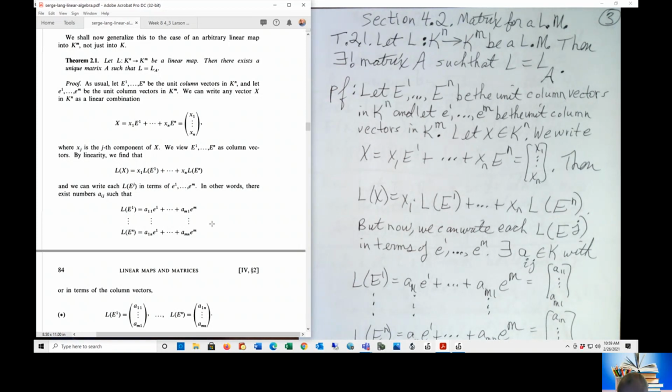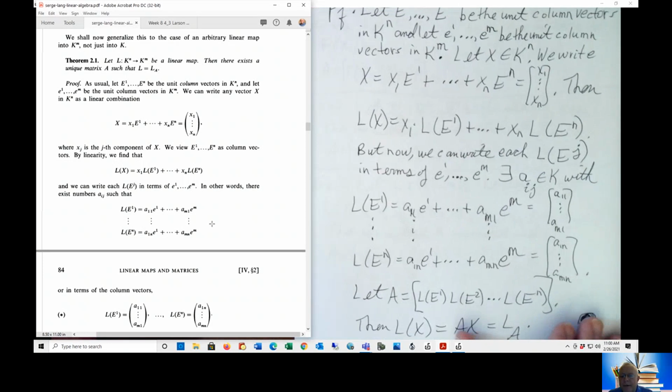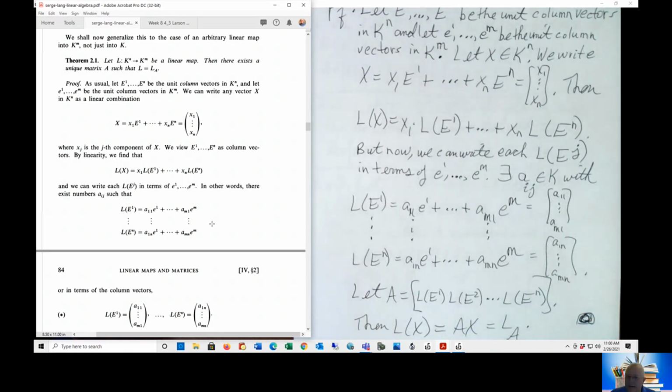But now we can write each of those images that are in Km, L of ej, in terms of the unit vectors in Km, lowercase e1 through lowercase em. So there exist scalars in K, a sub ij, with L of e1 equals a11 little e1 plus dot dot dot plus a sub m1 little em.